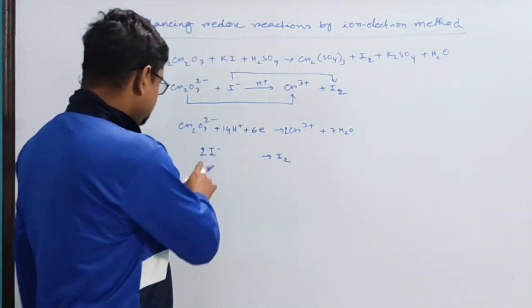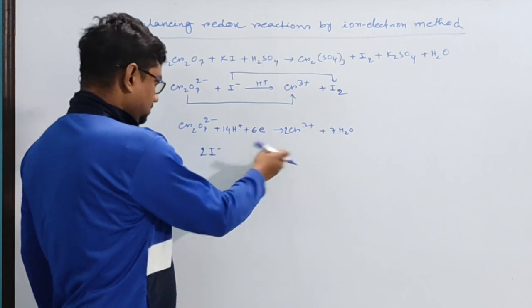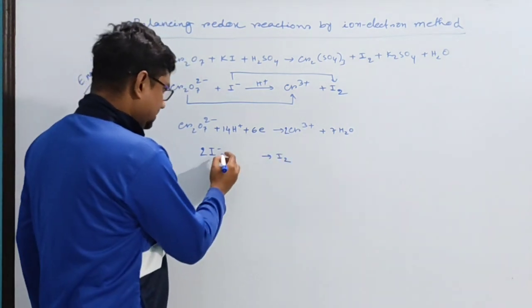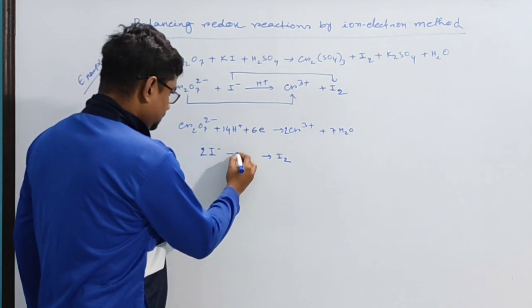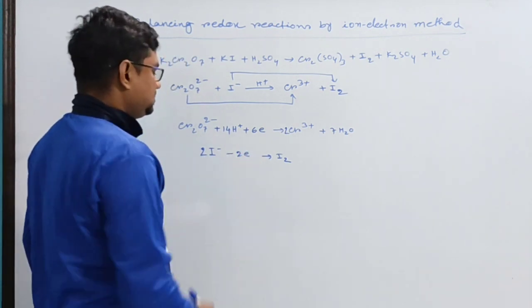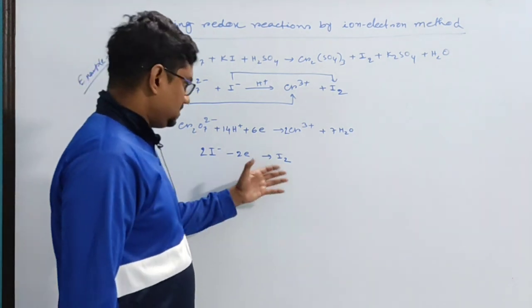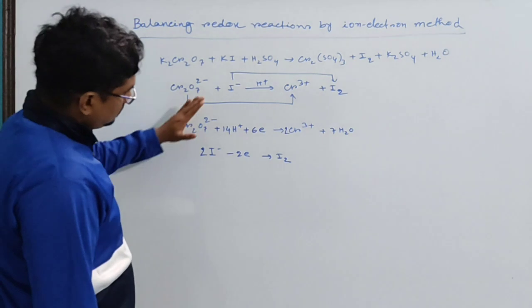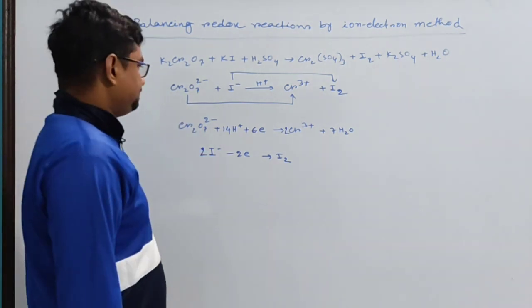Now look at the charge. Here 2I minus and no charge in the right hand side. So if we want to balance with the right hand side, if we subtract 2 electrons, this will make 0 charge at the left hand side, and that will balance with the right hand side 0 charge. Okay, now half reactions are balanced.